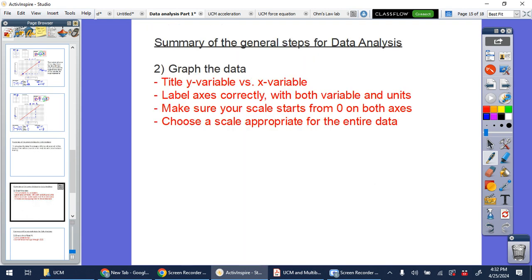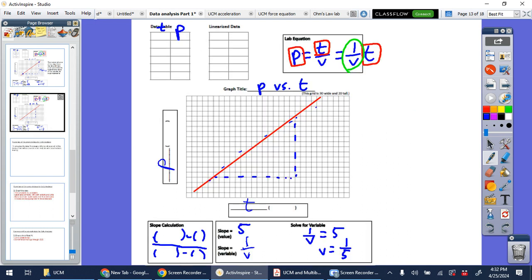Next, notice that you have to label the axes correctly with both variable and units. Do you see these titles right here? Here I wrote the variables. One thing I'm missing is the units of those variables. I should have units of those variables in there. Now, I don't know what the units of these variables are because I kind of made up this whole equation.